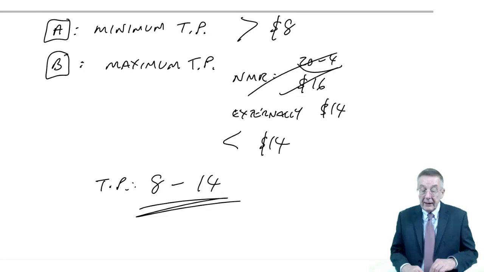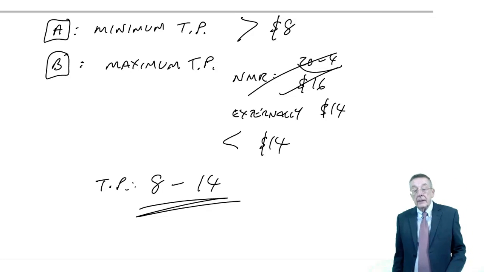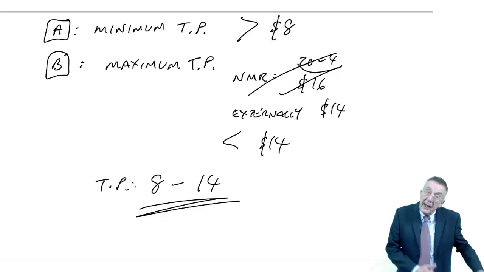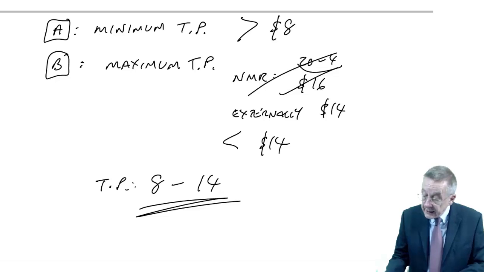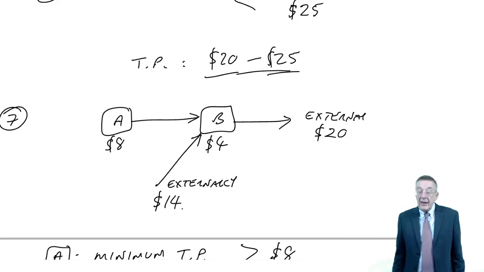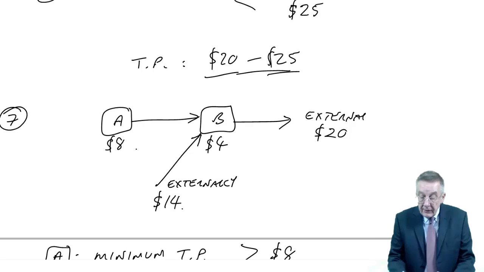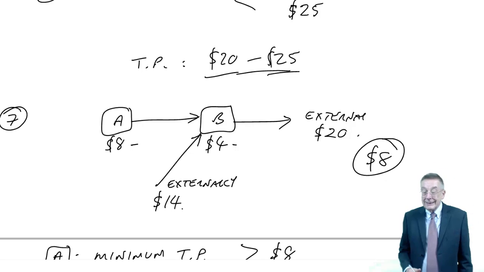If the transfer price is in that range, A is motivated to produce and sell to B. B would prefer to buy from A rather than buy externally. And is that good for the company? The company, if A does produce and sell to B, the costs are 12, sell for 20, the company would make $8 overall.